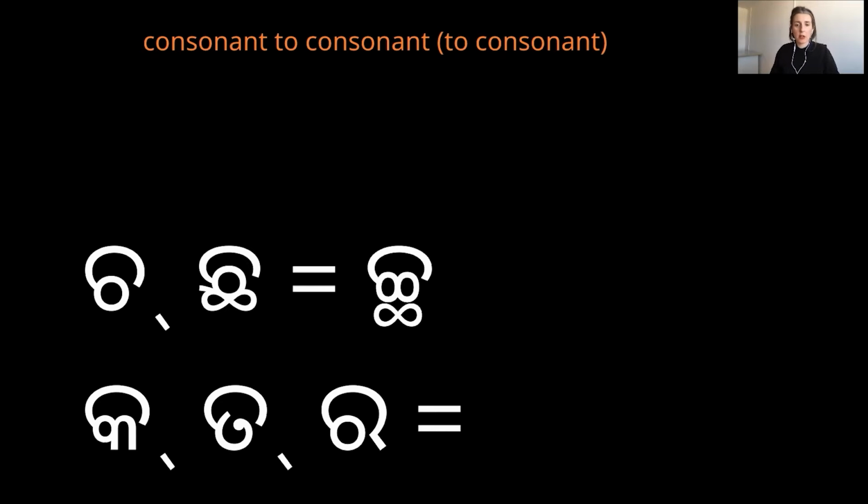So here, this is a conjunct of the consonant ka followed by the consonant cha. Now the design is very much different. The conjunct is built on a vertical axis.